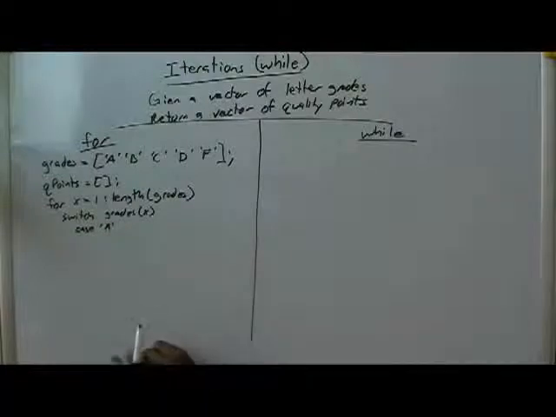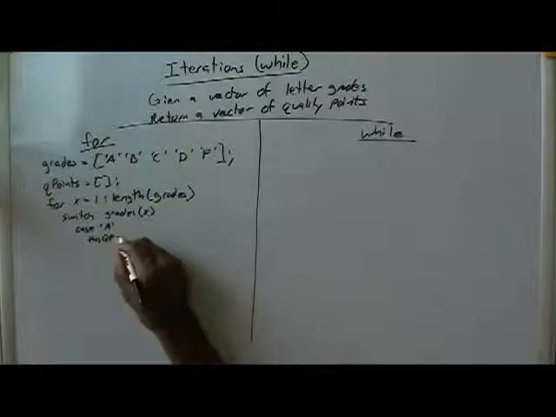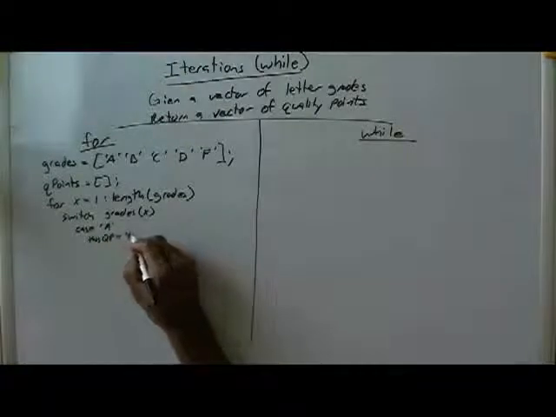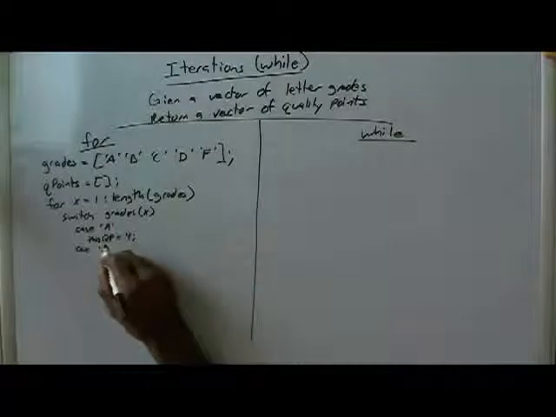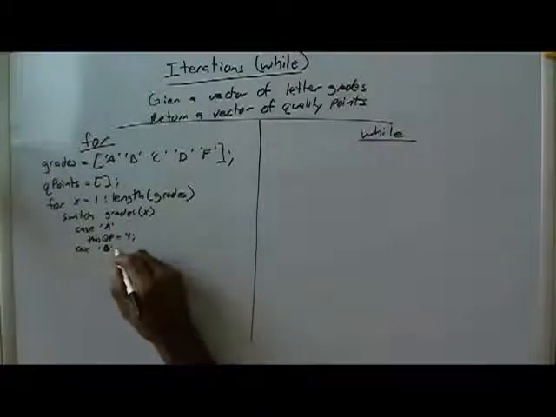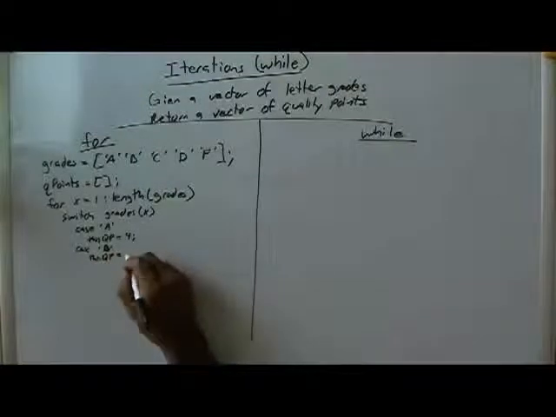There are a couple of ways, as we talked about in class, of doing this. I'm going to do it this way. I'm going to say case A, this QP, because this is how I did the example before, equals 4. Case B, this QP equals 3.